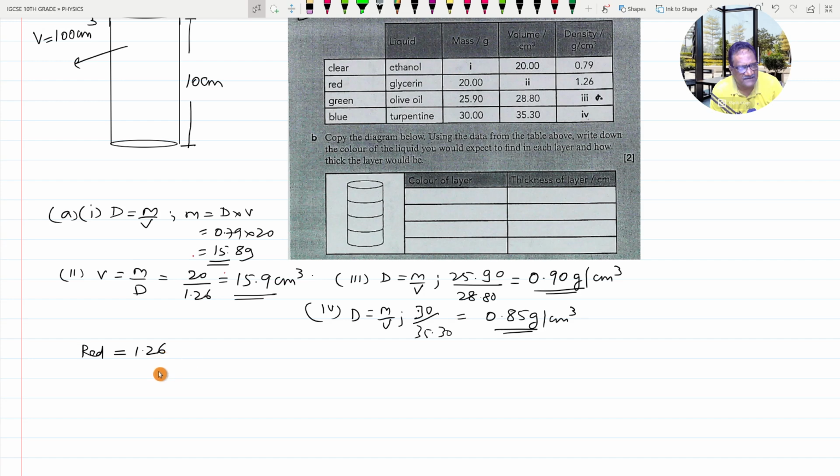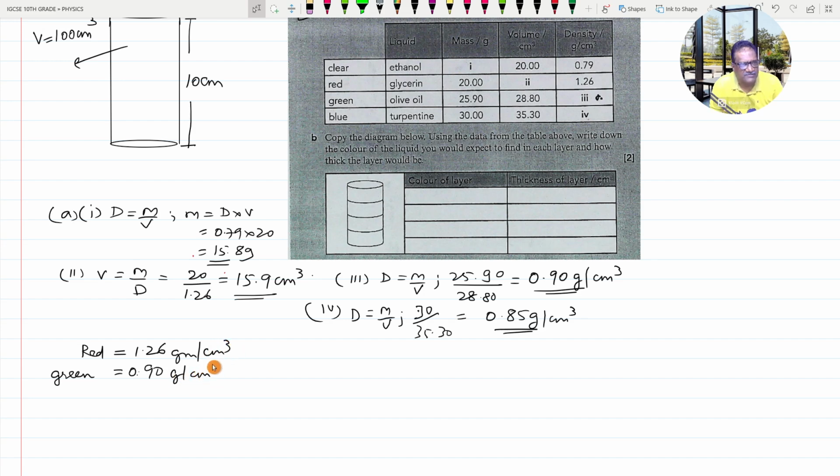Then 0.90 is the density of the third one, which is the green color. So green corresponds to 0.90 density. I'll write here the unit also, gram per centimeter cube.